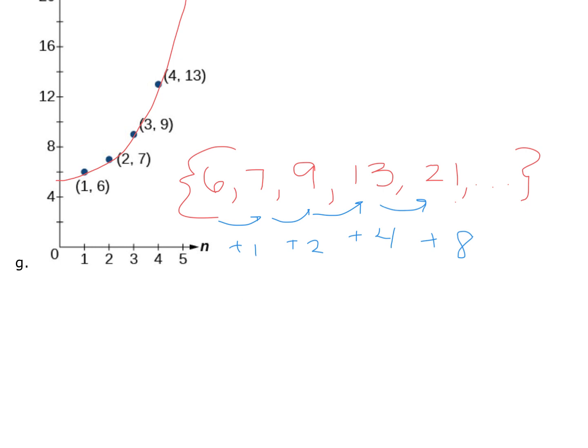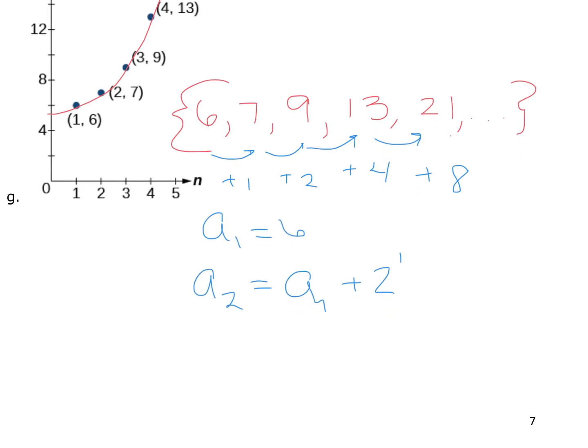So what could it be? Well, what about a recursive? What if I gave you a sub 1 and said a sub 1 is equal to 6? What if I said a sub 2 is a sub 1 plus 2 to the 1? Would that work? Actually, it'd need to be 2 to the 0.